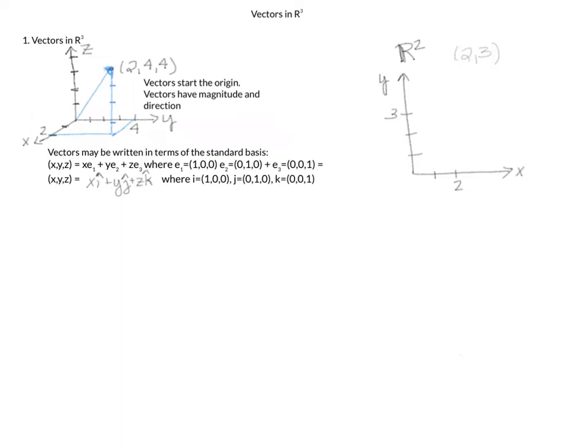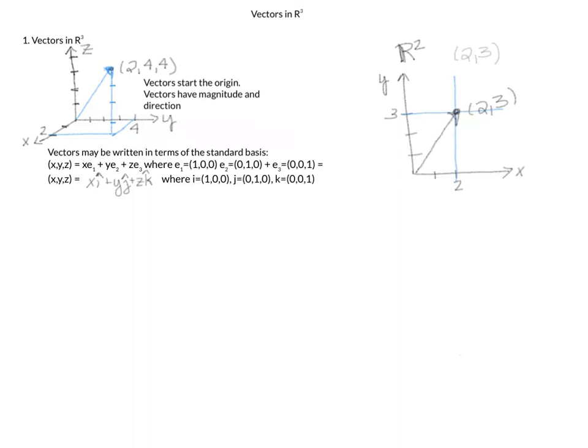An x-coordinate, which tells us how far we go on the x-axis, in this case 2 units, and then the y-coordinate tells us how far we go up on the y-axis, in this case 3 units, and then we look at their intersection for y equals 3 and x equals 2, and that will become our point (2, 3). And then in physics and also vector calculus, we will say that this point (2, 3) is the endpoint of a vector that goes from the origin to the point (2, 3).